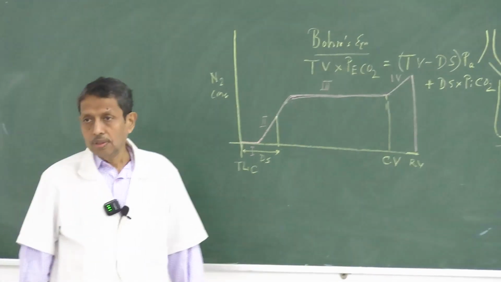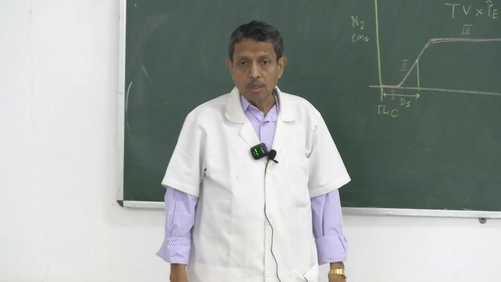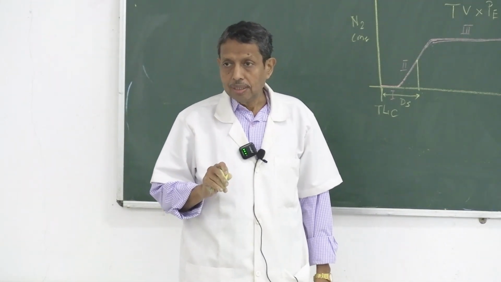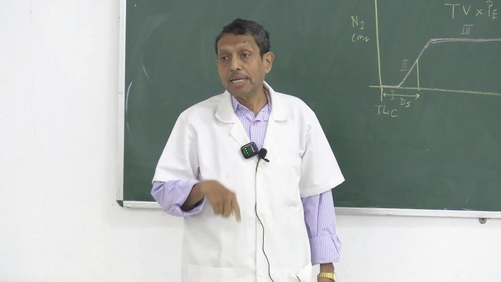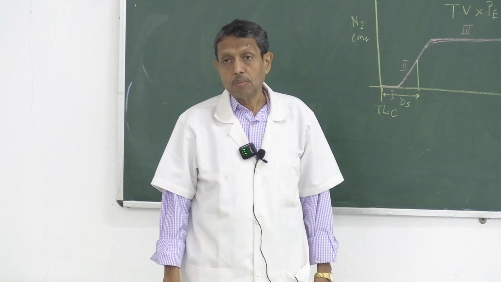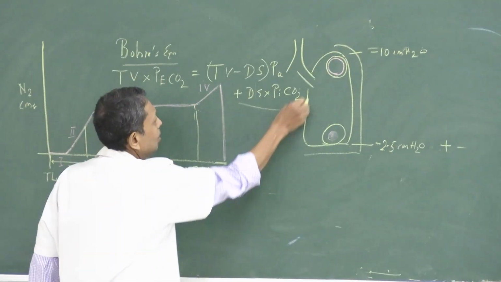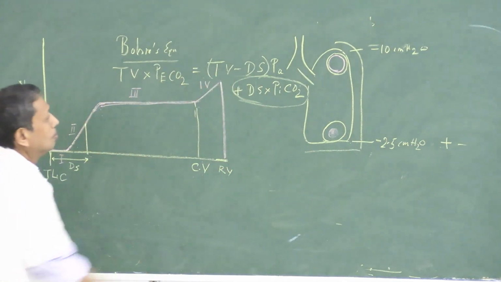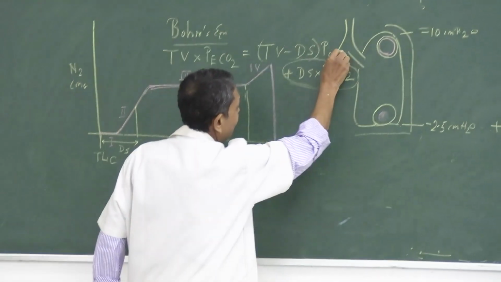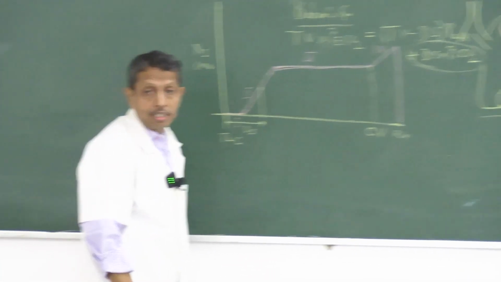From the fractions we can find out the concentration, which depends upon the total amount, the fraction of that, and if we multiply it with Pb minus pH2O we get the partial pressure. And as this PiCO2 is very low, you can ignore it. In this way, using P small a or capital A, you can find out the anatomical and physiological dead space.